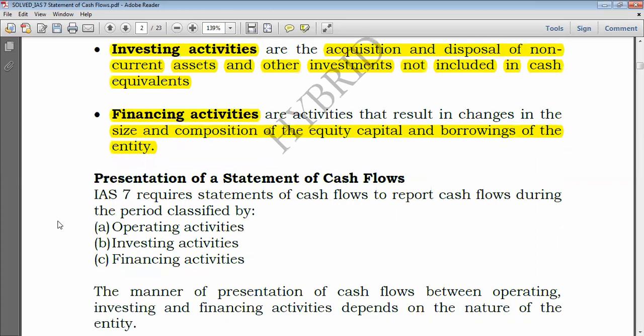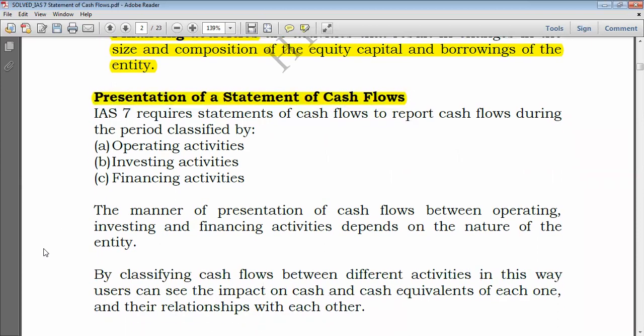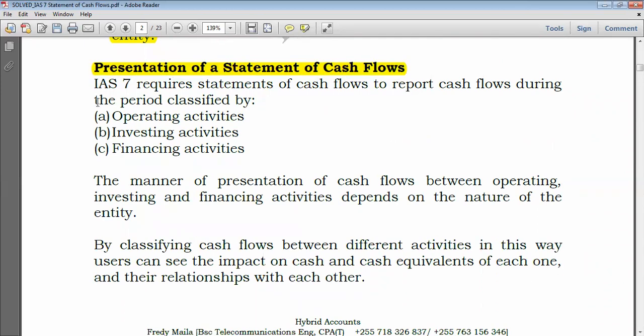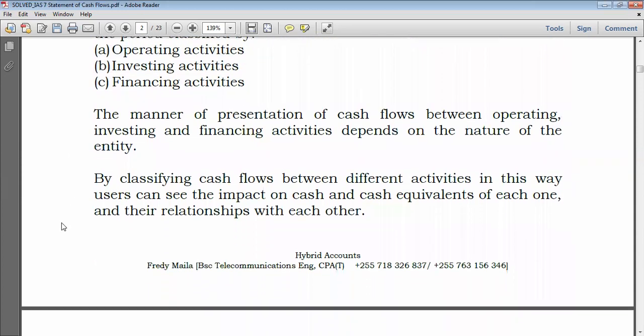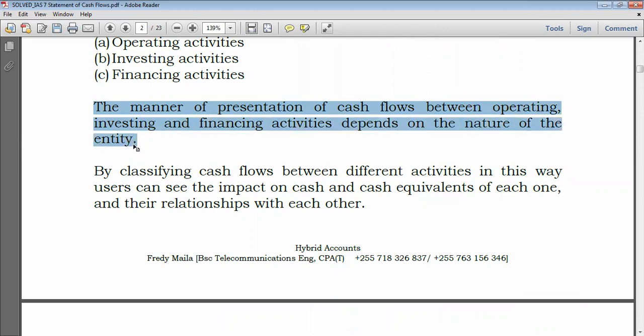So what do we do when presenting the statement of cash flows? When presenting the statement of cash flows, as I just told you, we will show three major activities that are operating activities, investing, and financing, as I just defined them at the top there. So let's proceed. We say that the manner of presentation of cash flows between operating, investing, and financing activities depends on the nature of the entity.